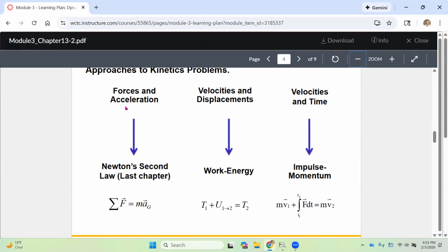And we could use Newton's law: the sum of the forces is equal to mass times acceleration, and the sum of the moments is equal to the moment of inertia times the angular acceleration, and how that affected things rotationally. Now we're going to start looking at problems where we might be given or interested in velocities, displacements, distances. And in that case, we can use the work energy theorem.